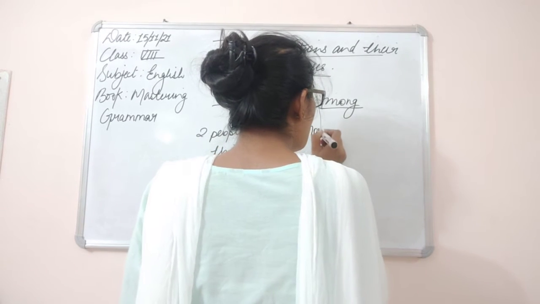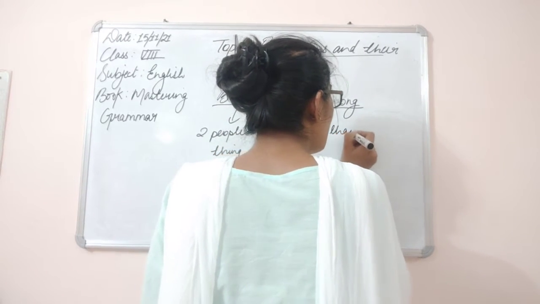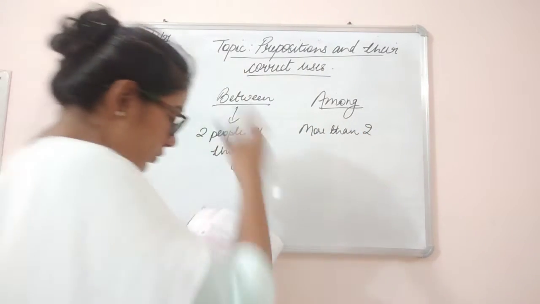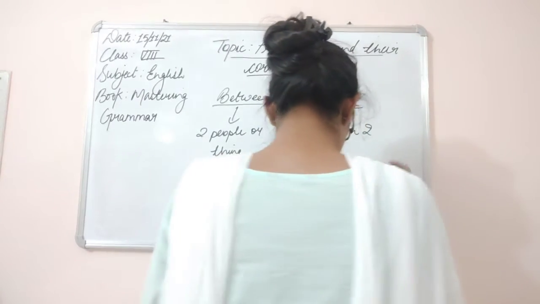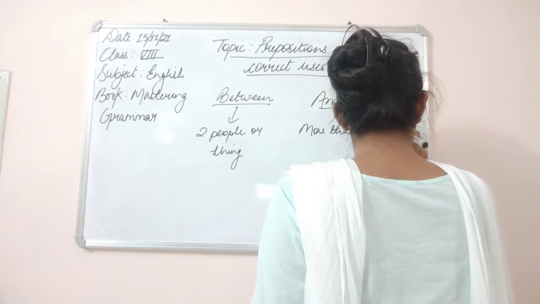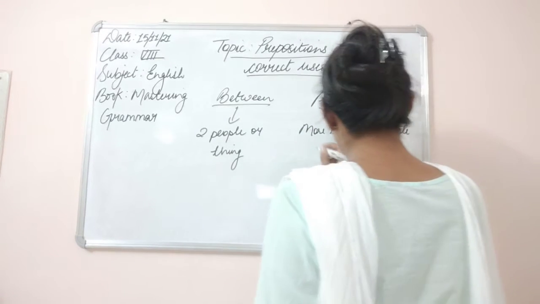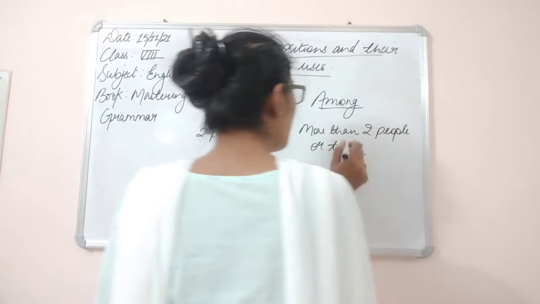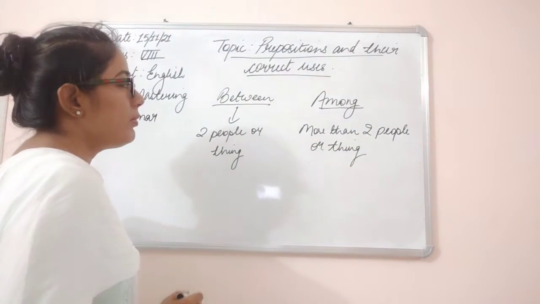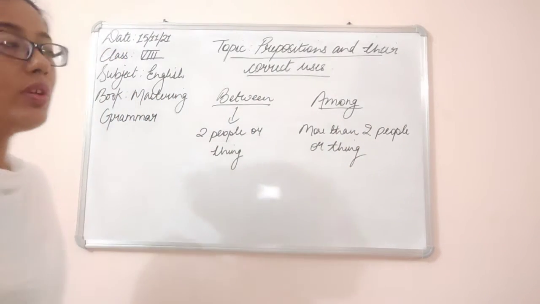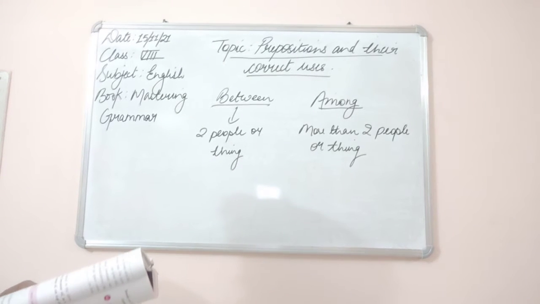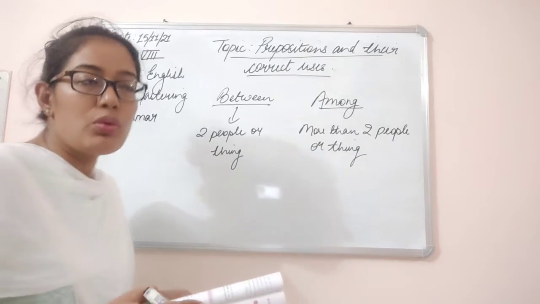More than two, more than two people or things. This is the major difference between between and among. Now, for example, the cake was equally divided between two brothers.